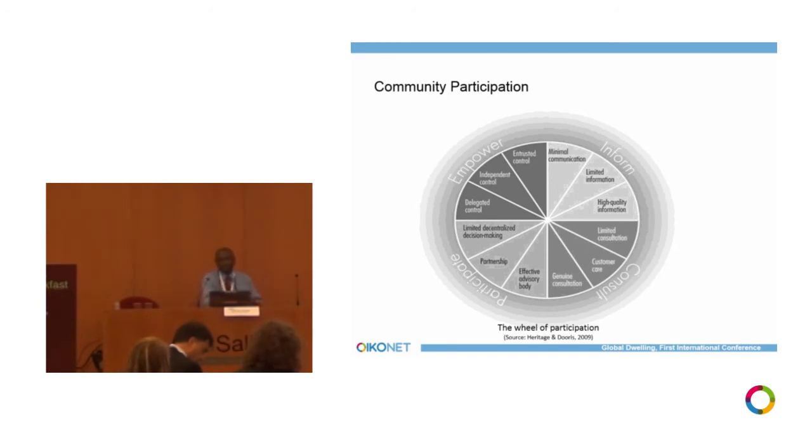In terms of the level of participation, what I'm trying to say with this wheel of participation is just to see the various levels of participation depending on which of the quadrants you're looking at. It doesn't mean that one excludes the other; these are not exclusive elements, they are complementary, right? So you don't think of empower as opposed to inform; you think of empower and inform and consult and participate all together.